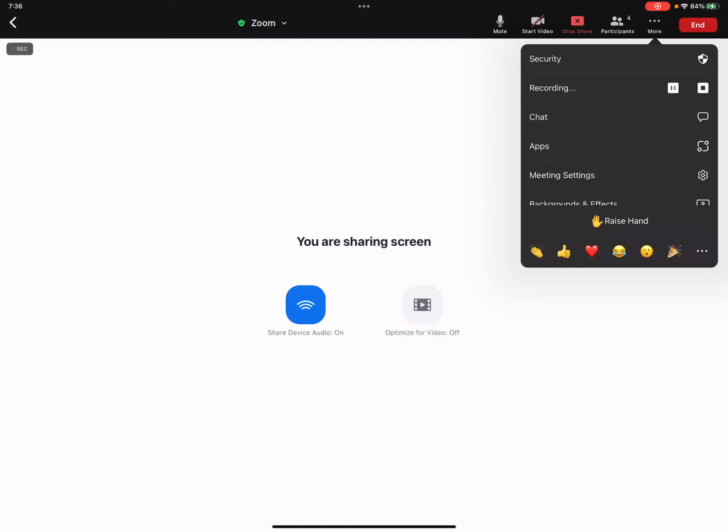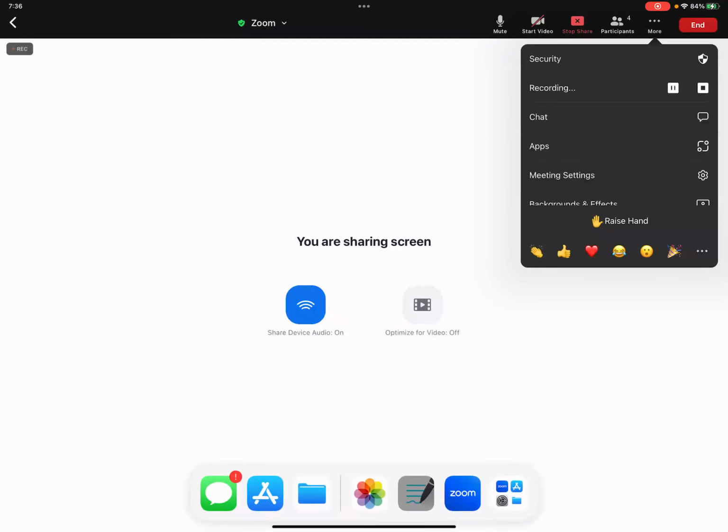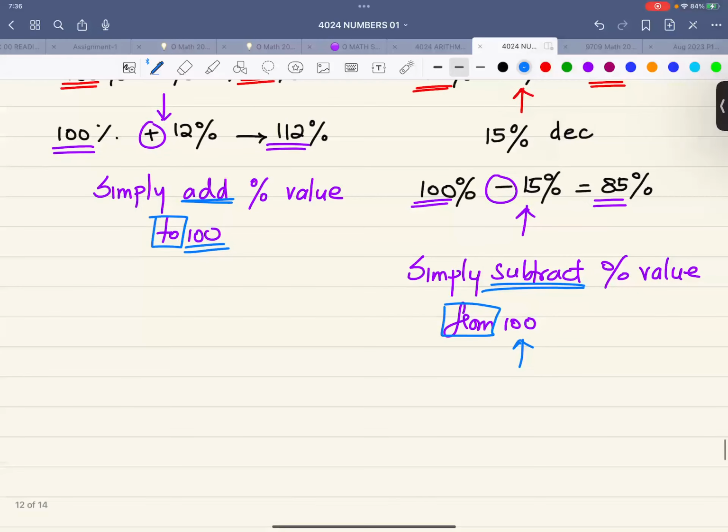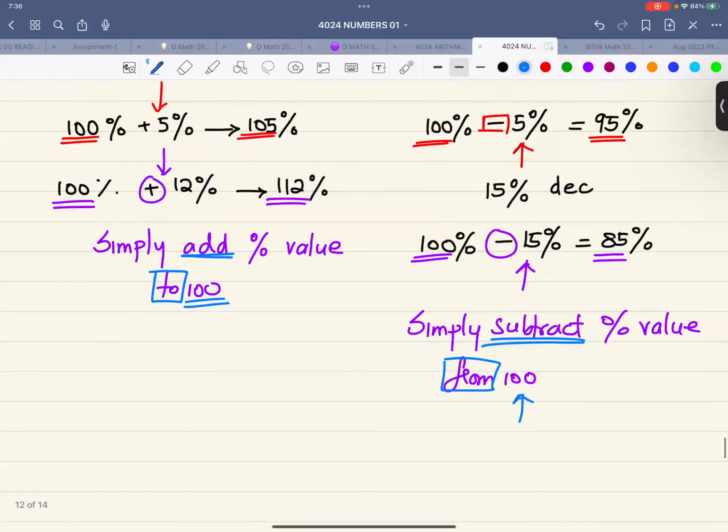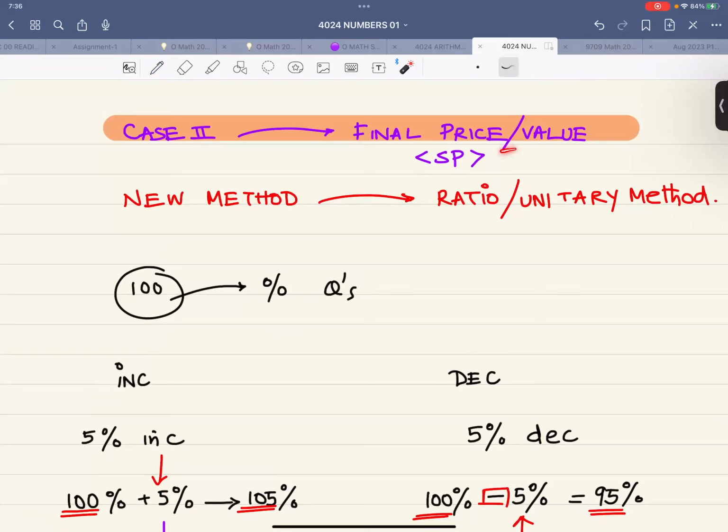So now let's continue with what we were doing. We were talking about how to find the final price, the value of something. There is a new method which I'll be teaching now. I'm starting with the basics, the foundation of that new method.